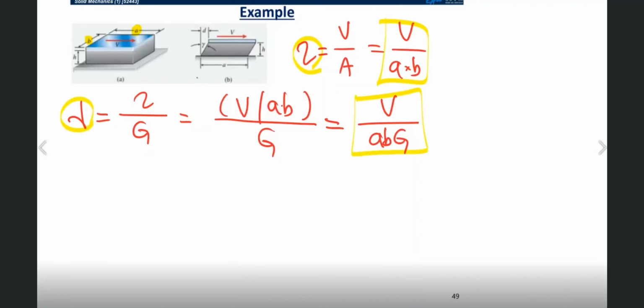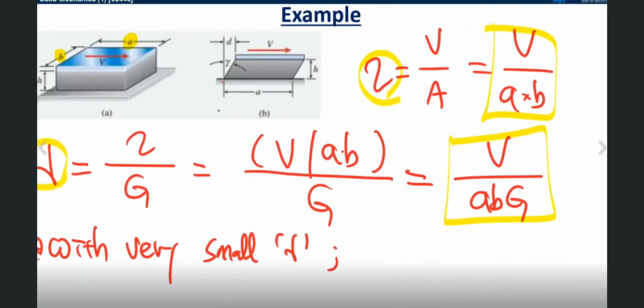And by considering a very small shear strain gamma, we can define that here. I would like to highlight the D and H, right? Zoomed in, here this should be D and this is H.